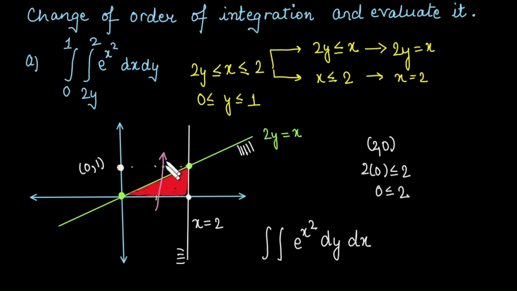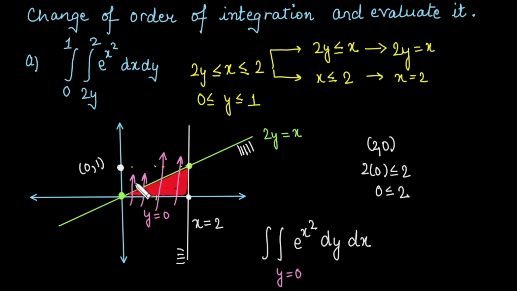So I'm taking a line over here passing through this region parallel to the y-axis in the increasing order. Either you can take it from here or from here or from here. So right now, this imaginary line is entering through this curve. According to this curve, what is the value of y? This is the y is equal to 0 line. So the lower limit is y is equal to 0.